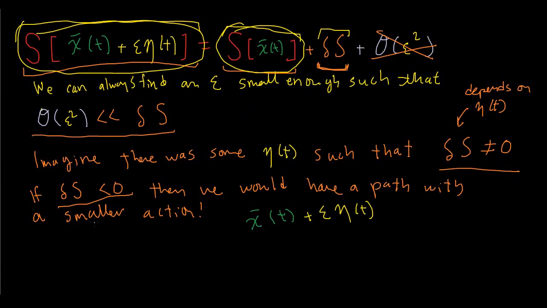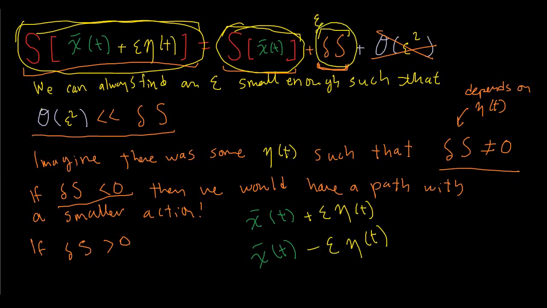What if we also deal with the other case? If delta S was greater than 0, then we would still have a path with a smaller action. And that path would just be x bar of t minus epsilon times eta of t, because there's a whole epsilon multiplying this term.